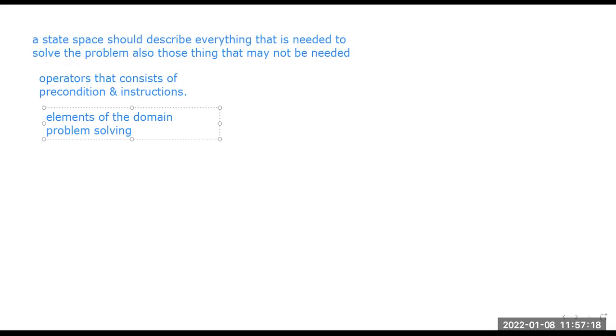Elements of the domain is the knowledge of the starting point. Problem solving is finding an ordered sequence of operators that transform the current state into a goal state. Then there are restrictions and solutions, that is the quality of any optimal solution: finding the shortest sequence, the least expensive sequence, or any sequence that is as quick as possible.